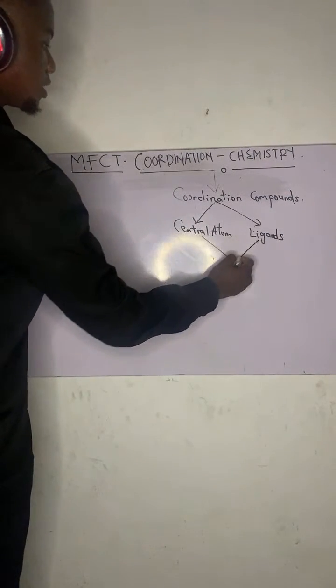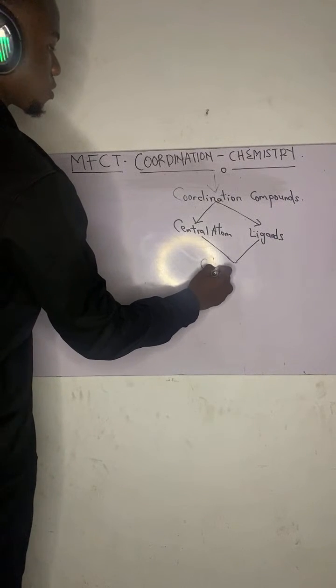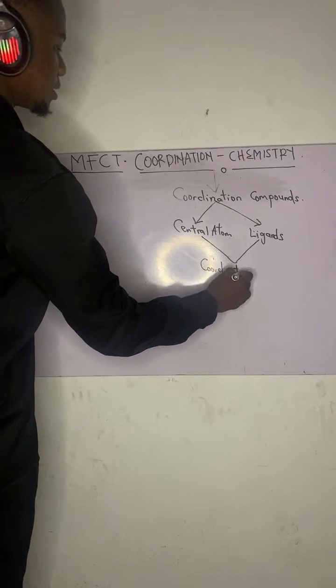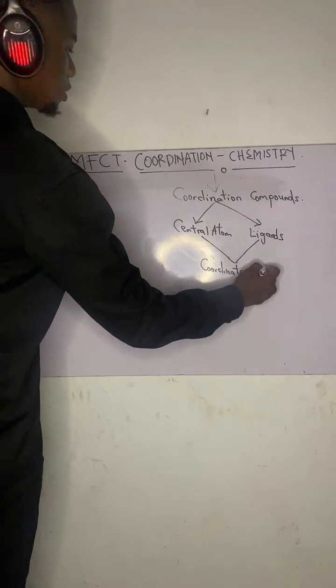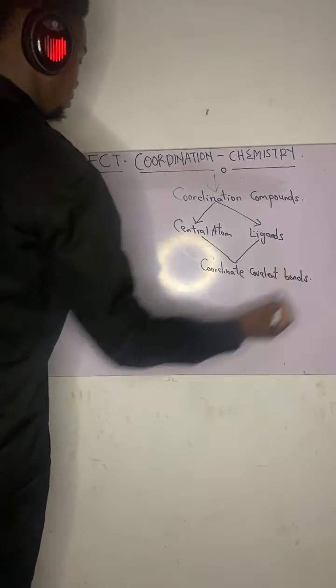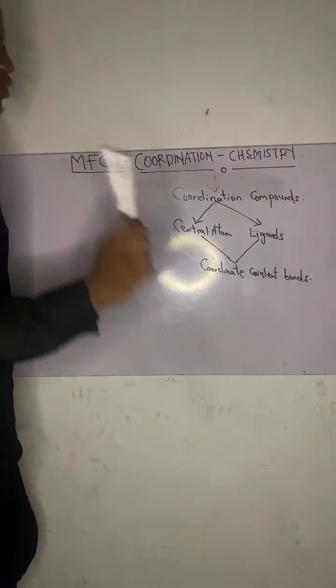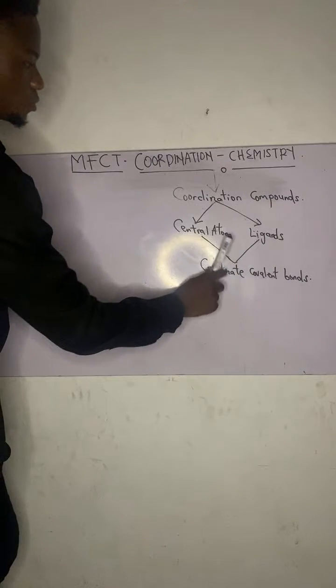And what is connecting these two together is coordinate covalent bond. So whenever you hear coordination compounds, they are the compounds that consist of central atom and ligand.